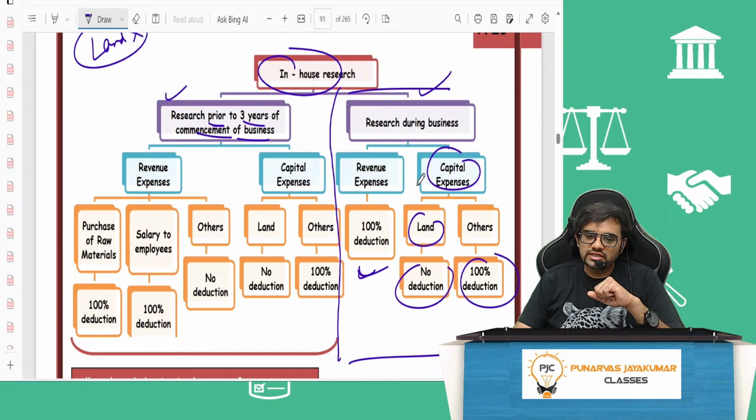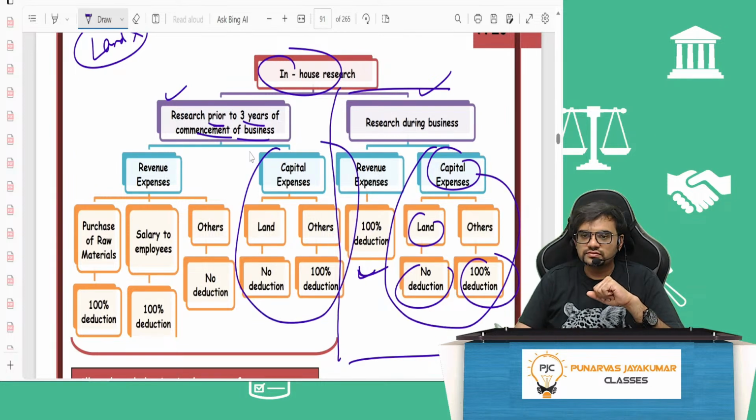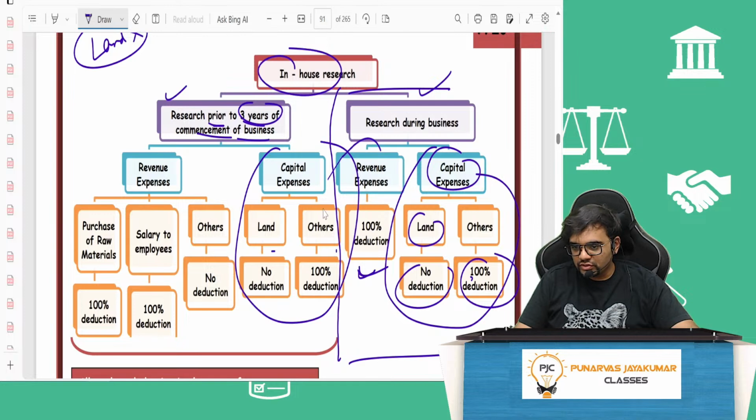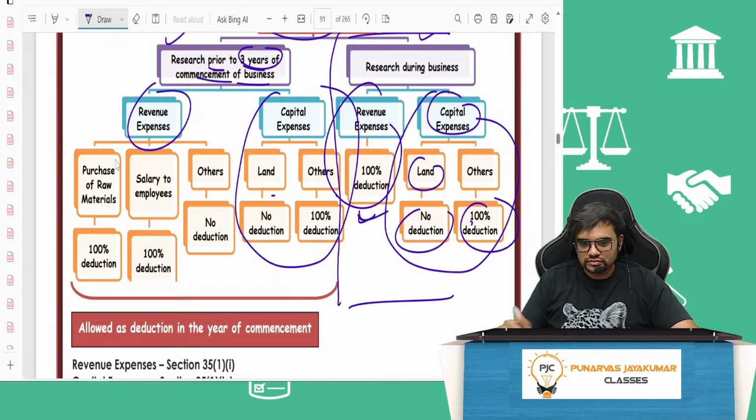But now here you see, this land and others capital expenditure, same, no change. This is prior to 3 years of commencement of business. So, land, no deduction. Others, 100% deduction. Revenue only slightly different here. Purchase of raw materials, 100% deduction.